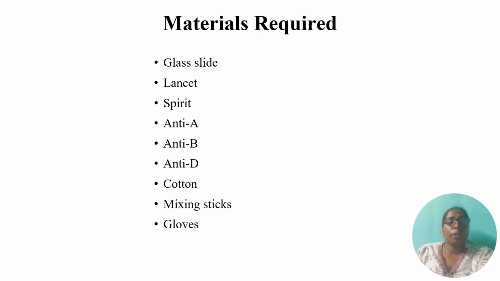If we want to move with the A subtypes, then we need A1 anti-sera also. Then for wiping, we need cotton, and mixing sticks after addition of this anti-sera into the blood. And we need disposable gloves. Each reagent here plays a specific role in identifying the corresponding blood group antigens.